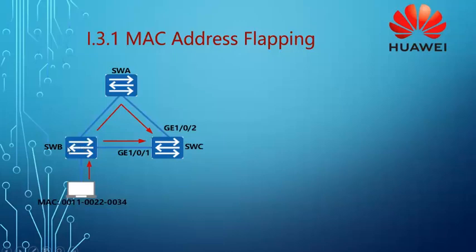Switch B will send the same packet from this port and this port. When switch A receives this message, it will send this broadcast packet to the other side, and switch C will receive 2 broadcast packets from this side, on ports G101 and G102, and here a loop will occur.